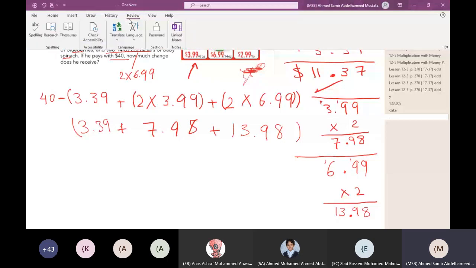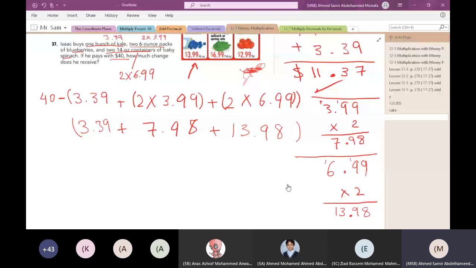I'll choose Ahmed Marai from 5A to help me with this one for the addition. So 40 minus this number.